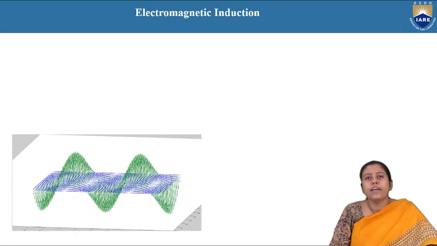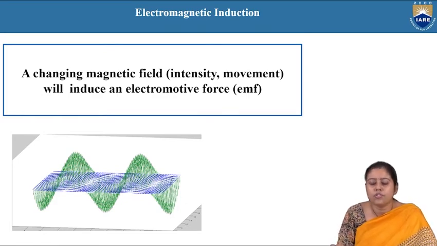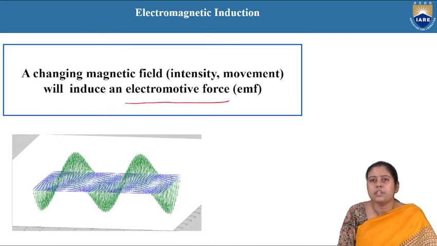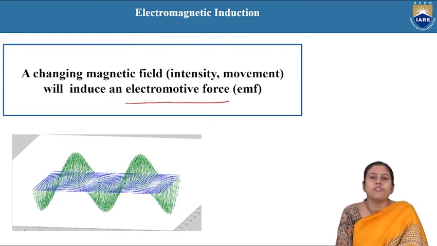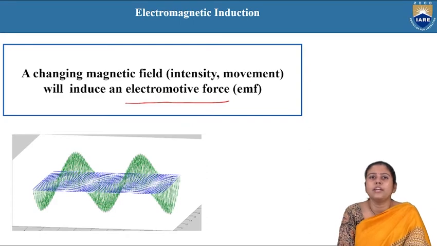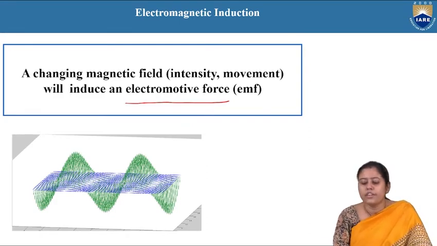So, when there is a change of flux, what will happen? A changing magnetic field intensity will induce an electromotive force. Electromotive force is always in the open circuit. When it is a closed circuit, we call it the voltage.